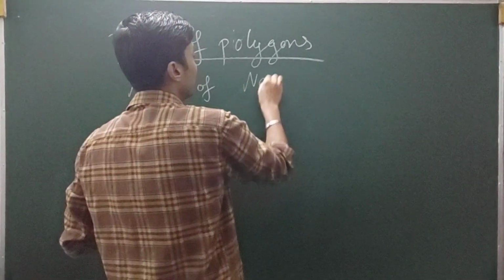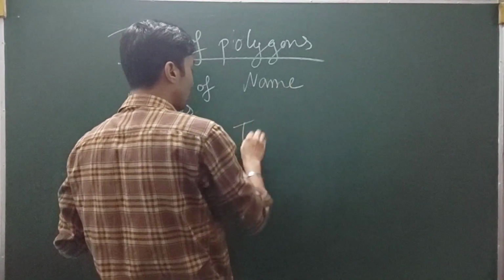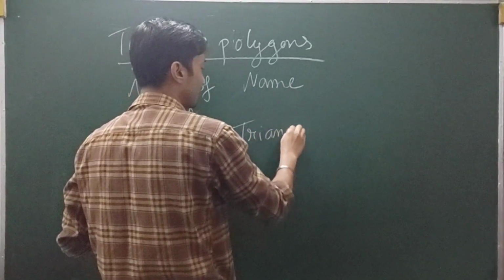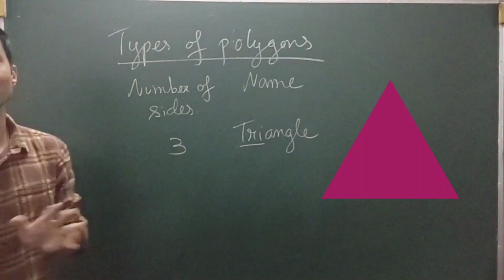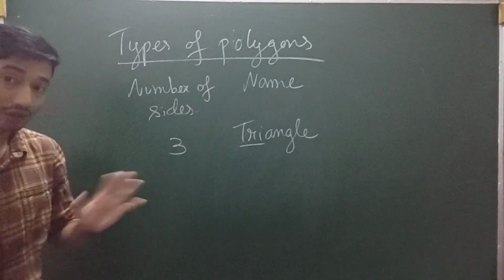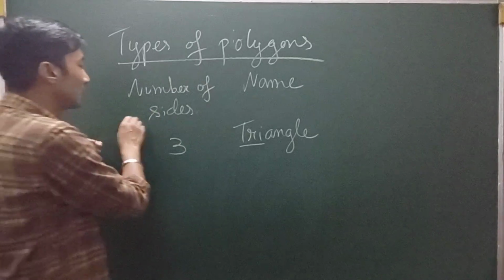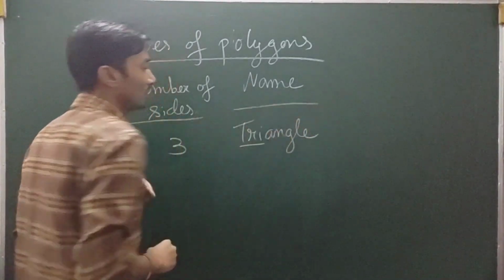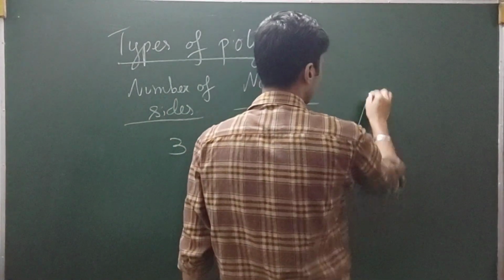And its name, I'll just write in short, is called triangle. Tri means 3 in mathematics. So this is the smallest polygon that we can have. A polygon has to be closed, so we need at least 3 points. So if the number of sides is 3, then the polygon is called a triangle. Example, like this.